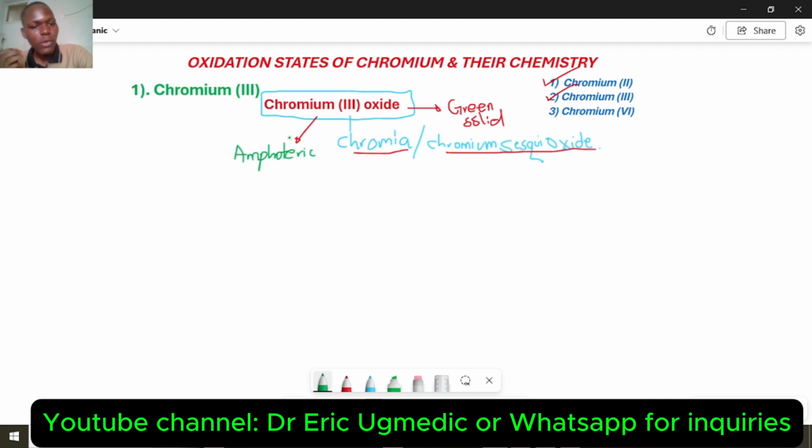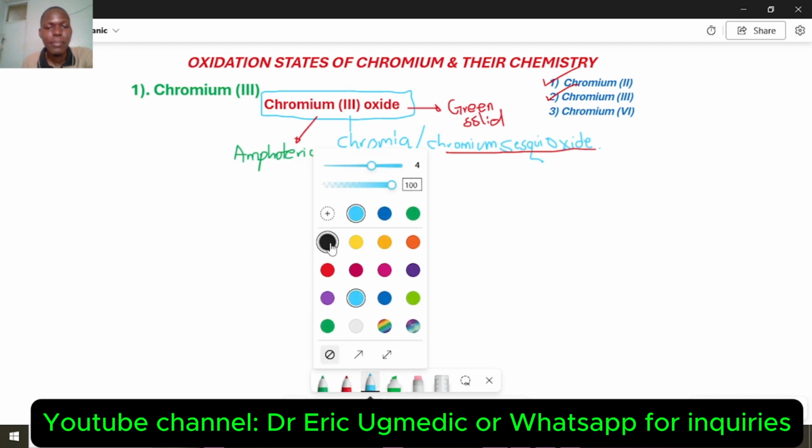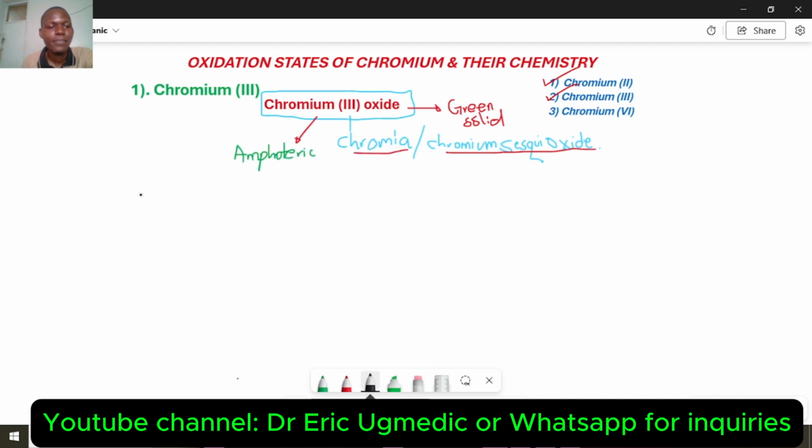So to start with, we can look at its reactions, which will mainly be reaction with the acids and the alkali, for example, sodium hydroxide. So we shall have this chromium 3 oxide, Cr2O3.